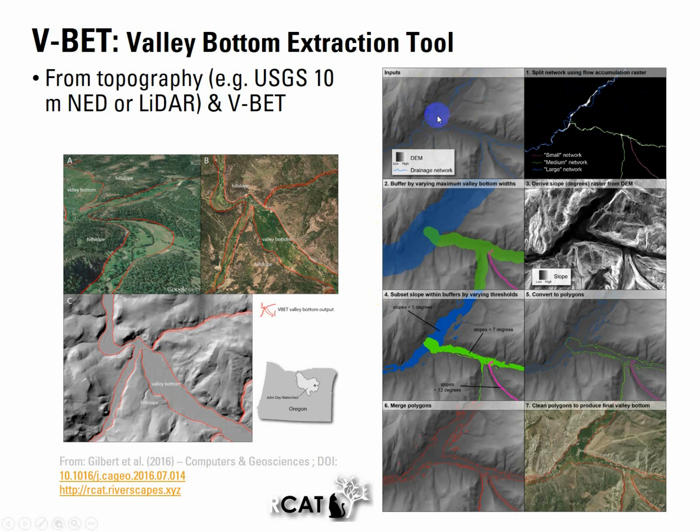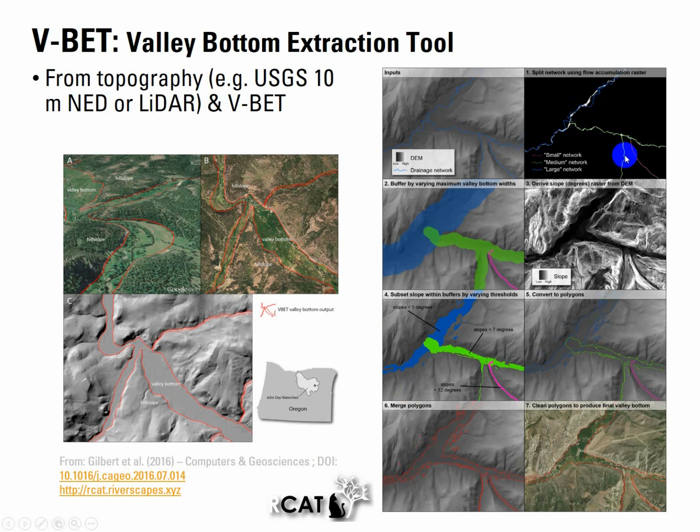Once you have those, then basically within a buffer from the stream, you look for flat areas. Now, the problem with the Fluvial Corridor Toolbox algorithm was you have a knob, and that is what's flat. You could do a slope analysis of the DEM and say, right, anything below 2%. But what's flat varies depending on where you are in the network.